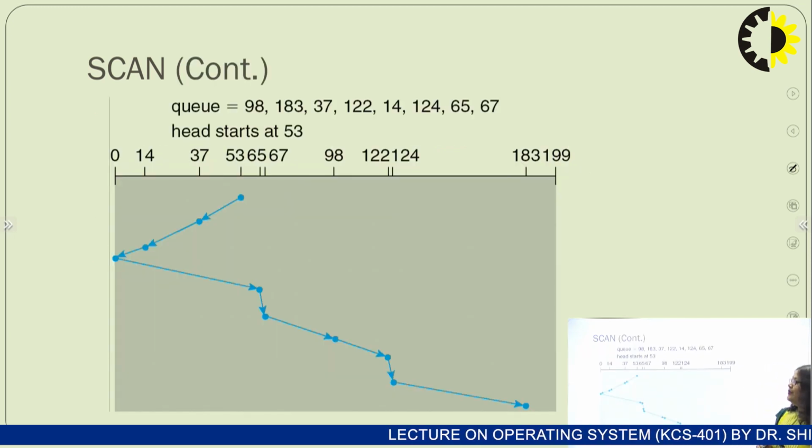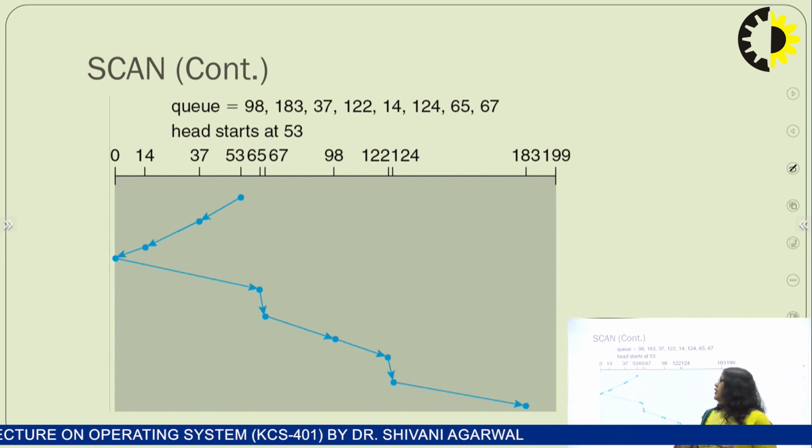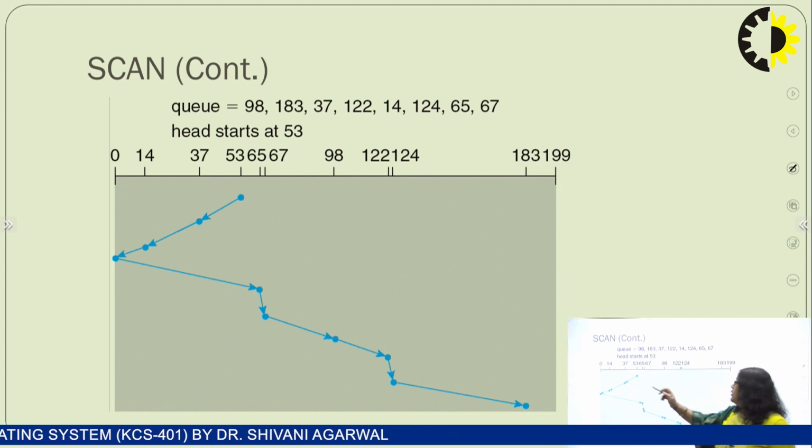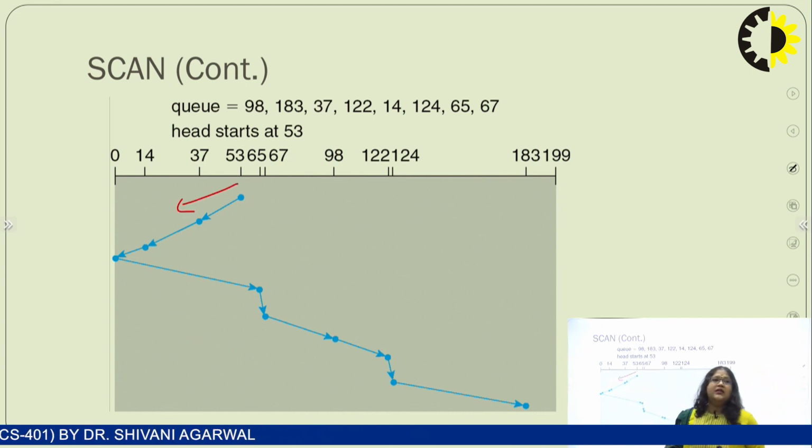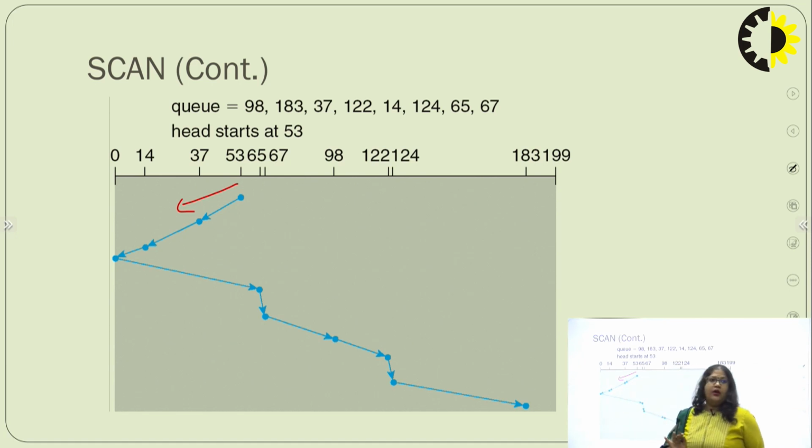In this scan algorithm, one more important point to keep in mind is that if we want to move in the decreasing direction, we move till 0. If we start in the reverse direction, the current position is 53 and we go downward from 53, then we continue till 0.